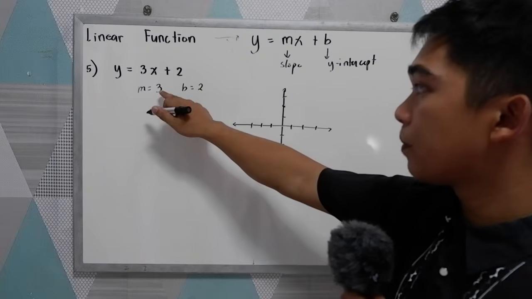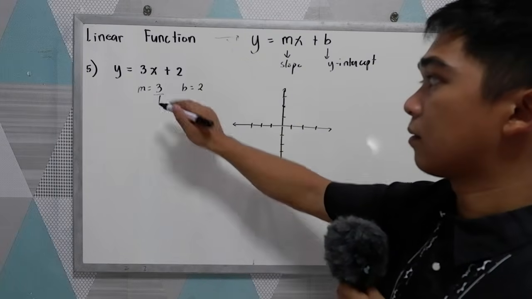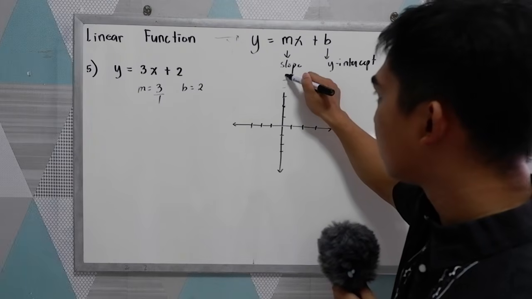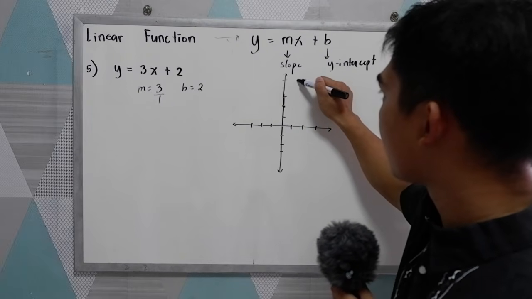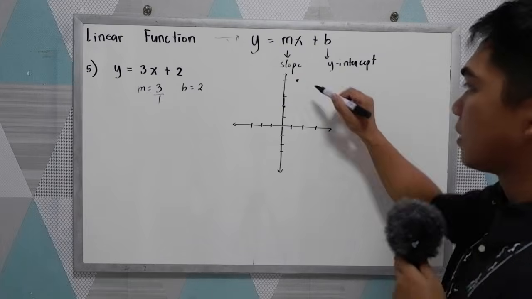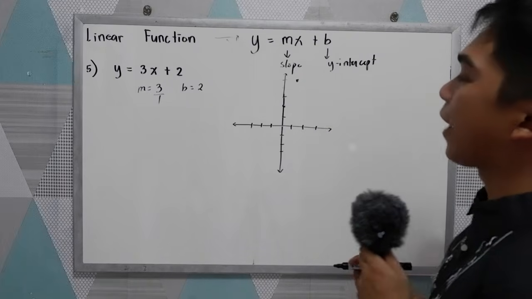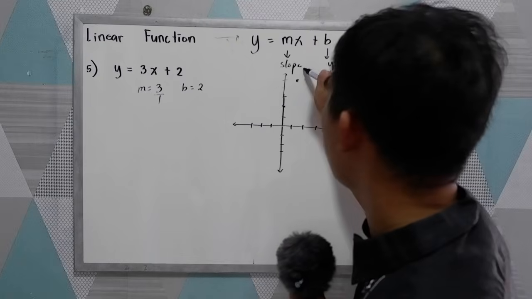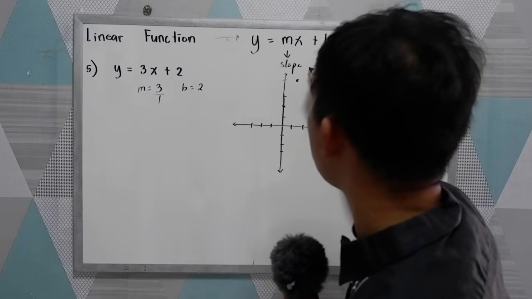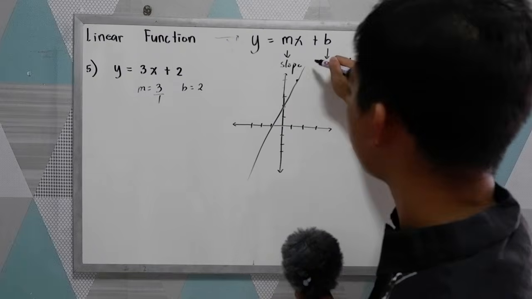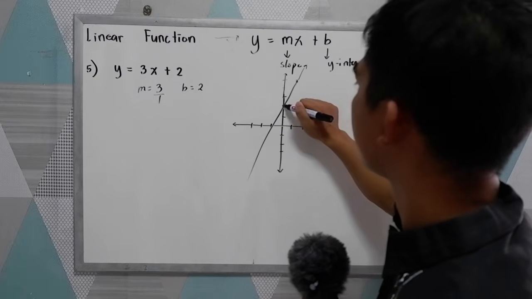Then our slope, 3 over 1, because that is a whole number. So 1, 2, 3. So our point is 1, 5. Now, if we're going to connect the 2 points, that would be our graph.